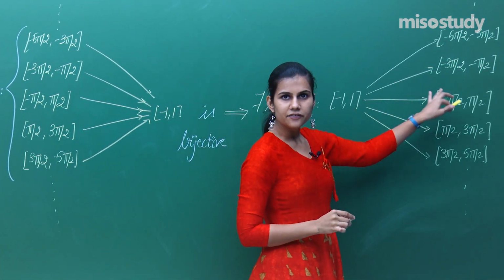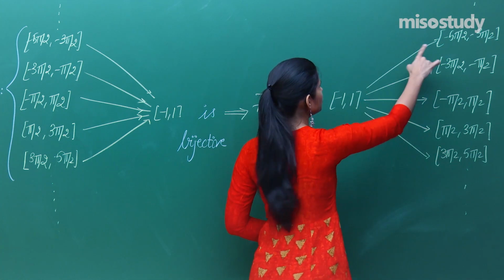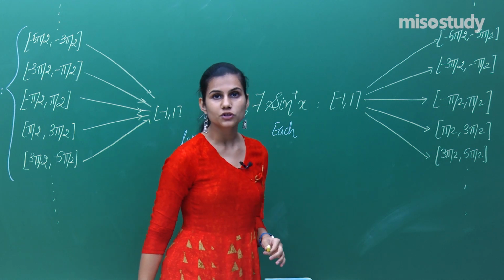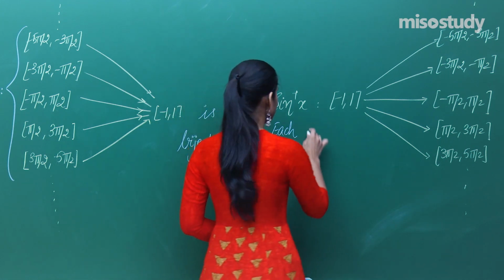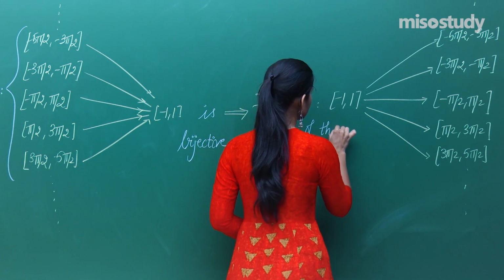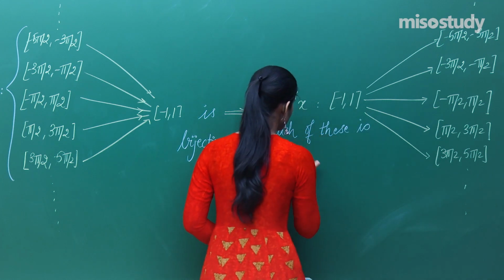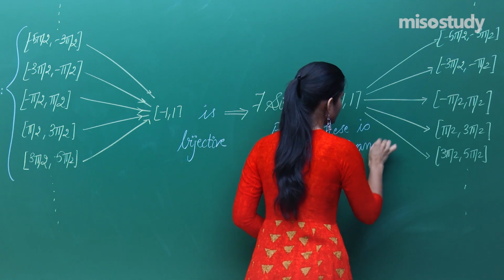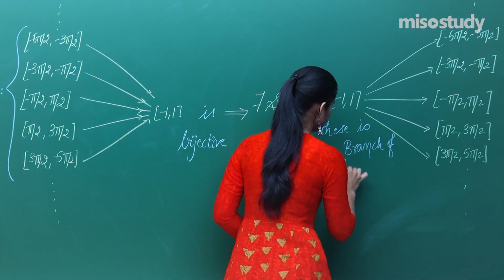Each of these sine inverse x's that you can see, from here to here, here to here, all these are called branches of sine inverse x.